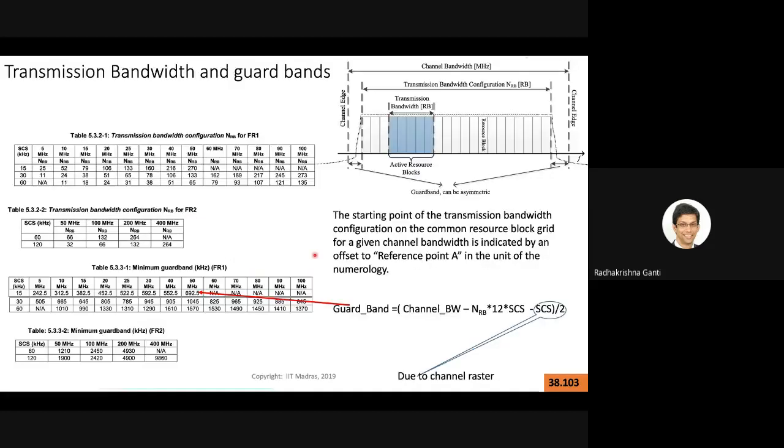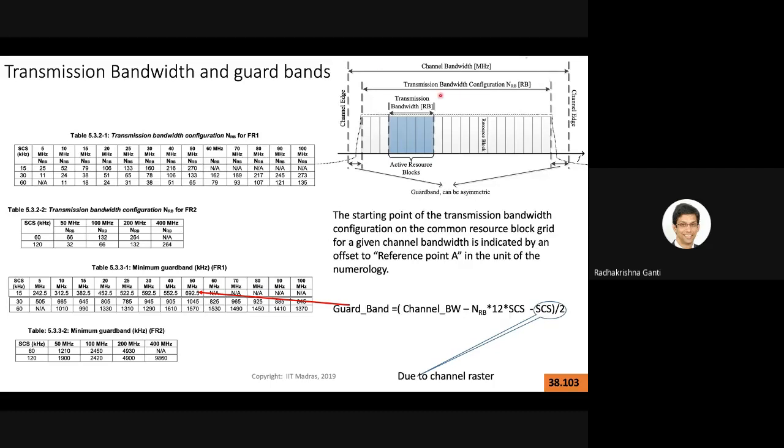Okay. So the next thing I want to talk about is the channel raster. There are three types of bandwidth. One is the channel bandwidth, which is the one that gives, for example, 100 megahertz. The other is the transmission bandwidth. Transmission bandwidth plus guard band is the channel bandwidth.